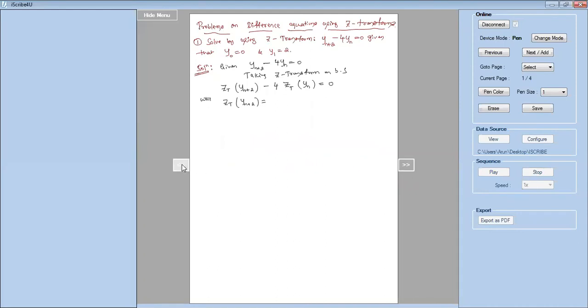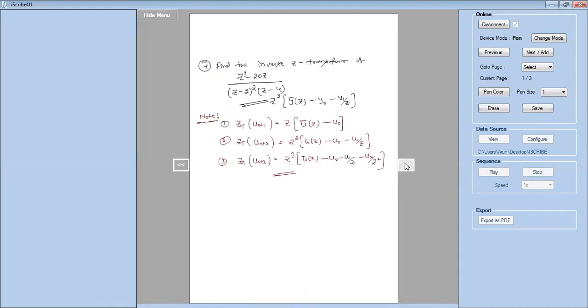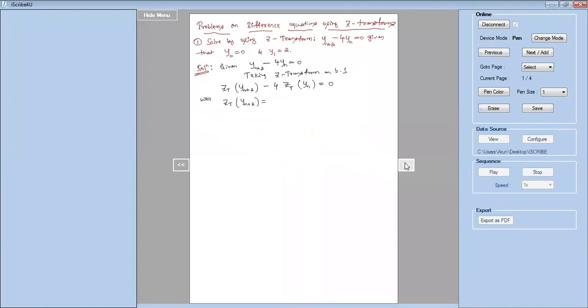Sorry, I have to change the page. So Z transform of y(n+2) is equal to z square into y bar of z minus y0 minus y1 by z. This is the formula. And Z transform of y(n) is nothing but y bar of z.